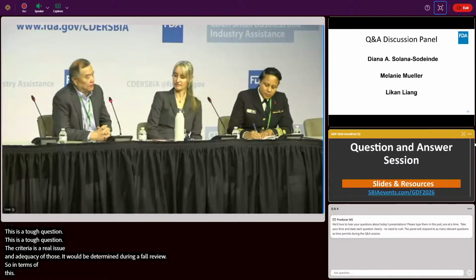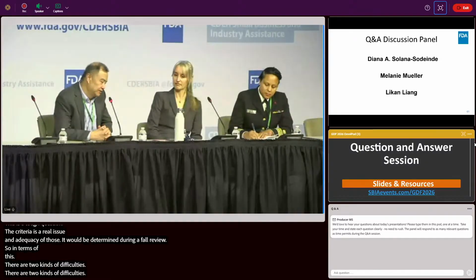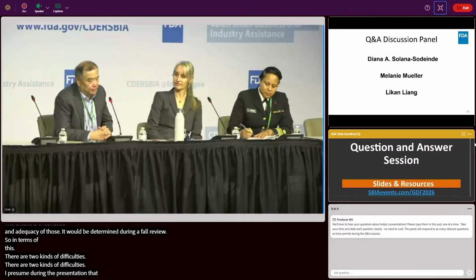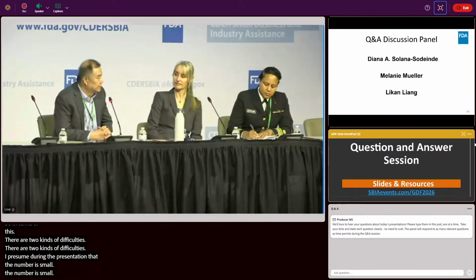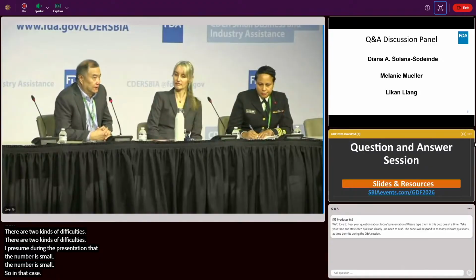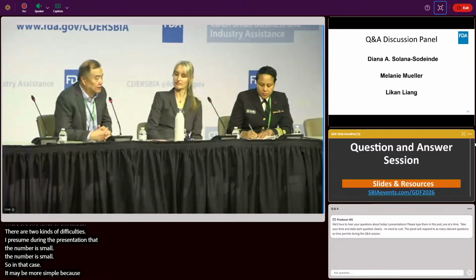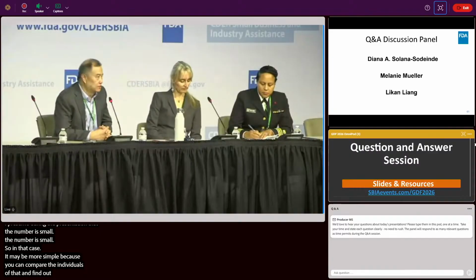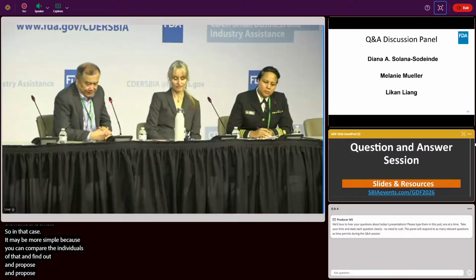For siRNAs, as I presented during the presentation, the number of diastereomers is small. So you could separate each single diastereomer, it's quite possible. In that case, it may be very simple because you can compare the individual diastereomers with that of the RLD, find out the RLD availability, propose some controls and acceptance criteria, and also demonstrate the sameness.